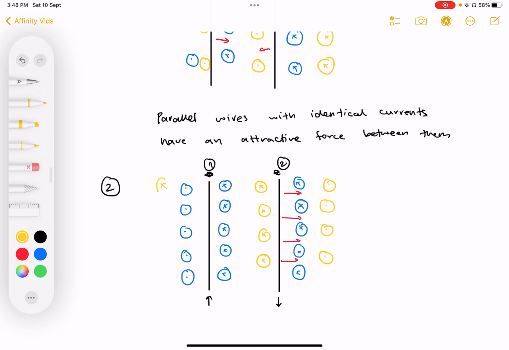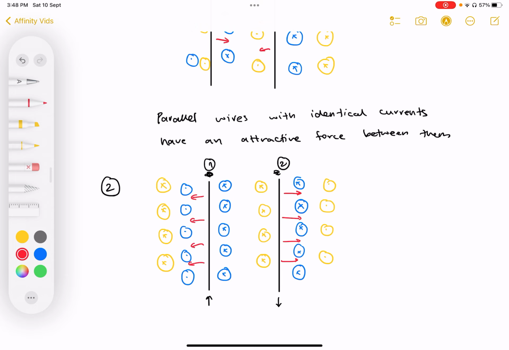This magnetic field extends as well. When we look at the effect that this has on wire number 1, again, right hand slap rule, or Fleming's left hand rule, you need to be really familiar with which context we use these. We're going to see that the wire is going to experience a force to the left.